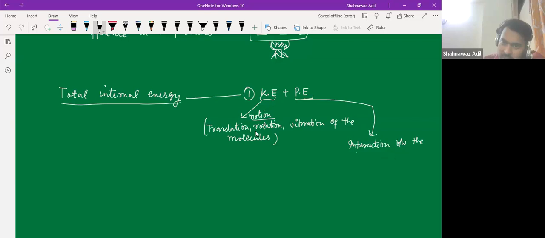The kinetic energy is dependent upon the temperature, right? That is another use of temperature: the kinetic energy of the molecules depends on temperature, and the interaction between the molecules gives the potential energy.